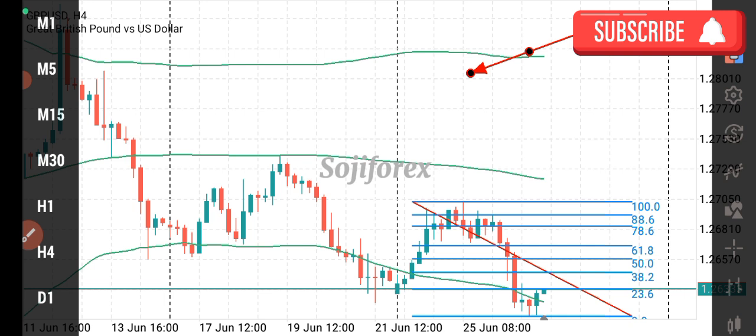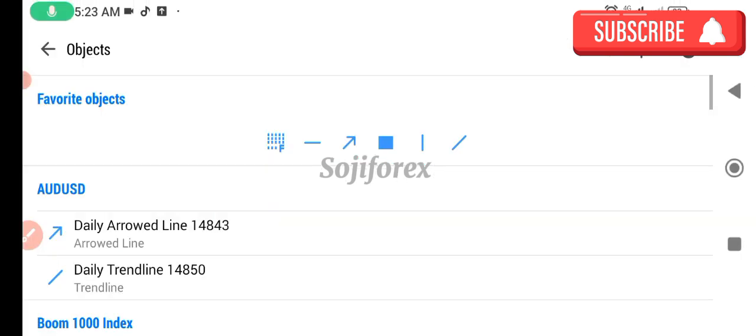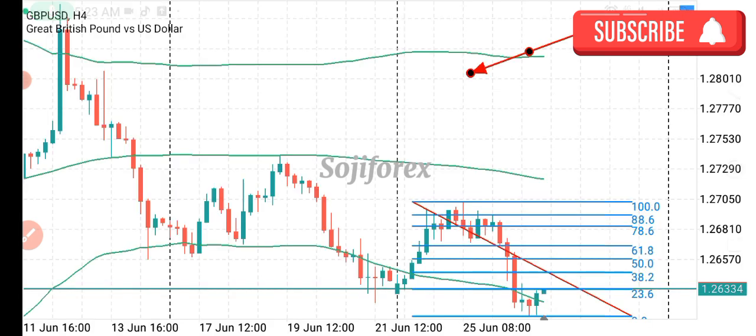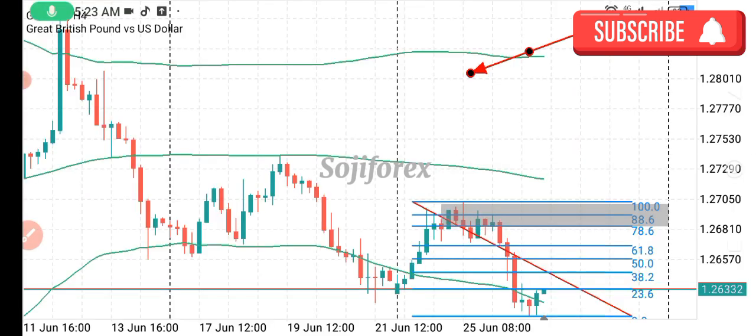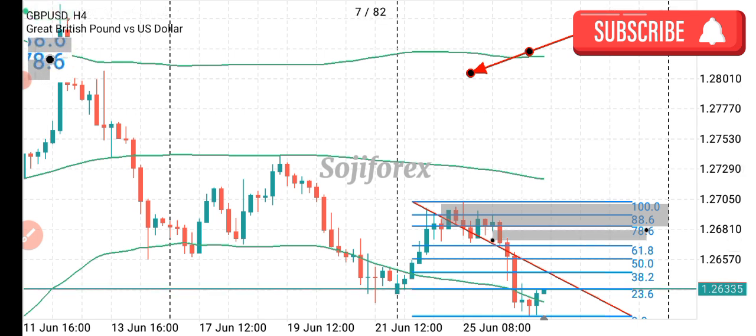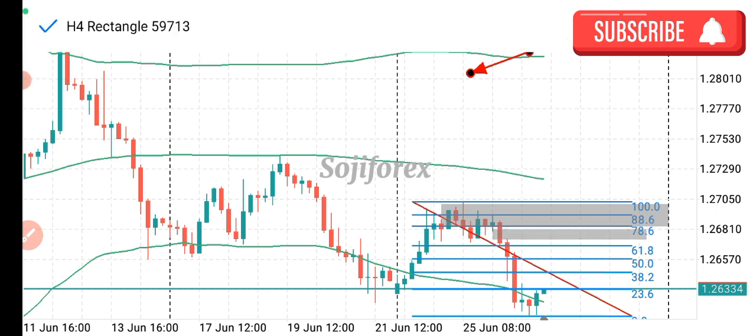Alright, so what do we have? We are having our order block marked out. And then we are having an imbalance. There is this imbalance here, a very tiny piece of imbalance in that zone.